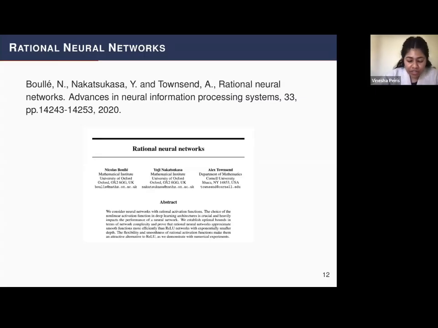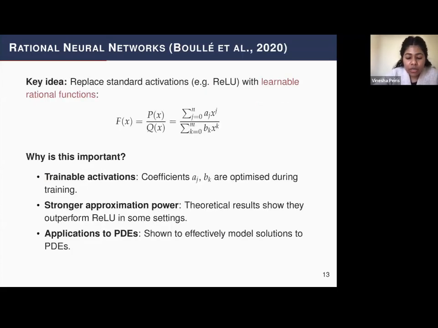So if you take a very simple neural network, and if you take rational functions, and if they have a baby together, then rational neural networks is the name of that baby. This was introduced in 2020 by Boullé, Nakatsukasa, and Townsend. As the name suggests, they are neural networks where your activation function is a rational function.